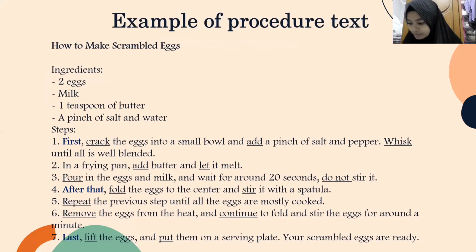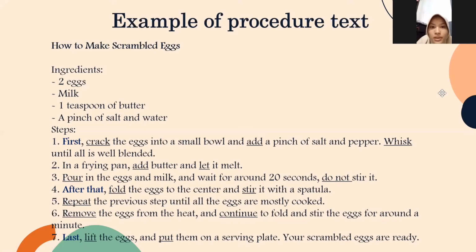Okay, thank you, Sobrina. The last material, the example of procedure text, will be explained by me. As we can see here, the title of the procedure text is how to make scrambled eggs. So we can conclude that the aim or goal of this procedure text is how to make scrambled eggs.